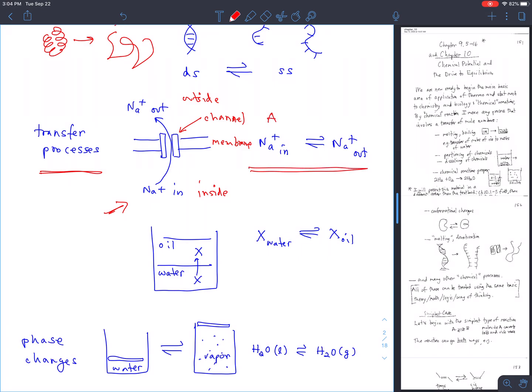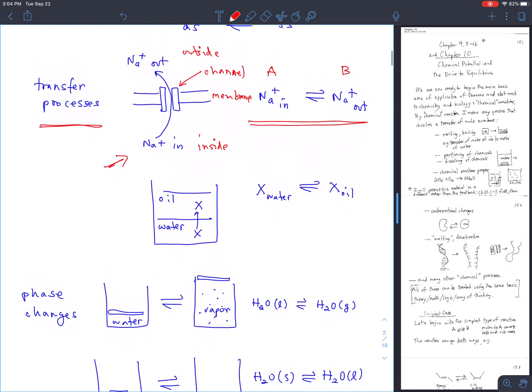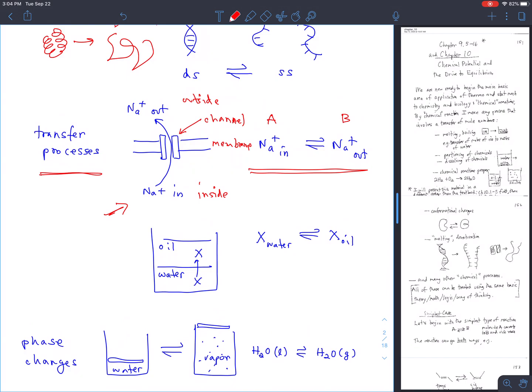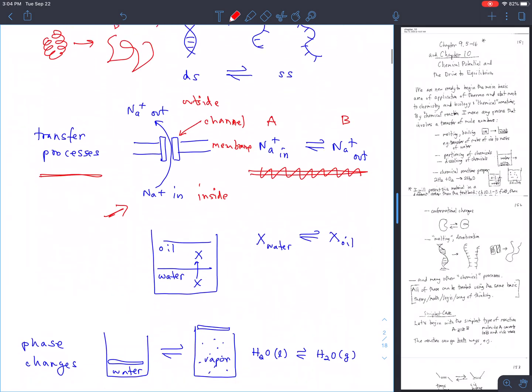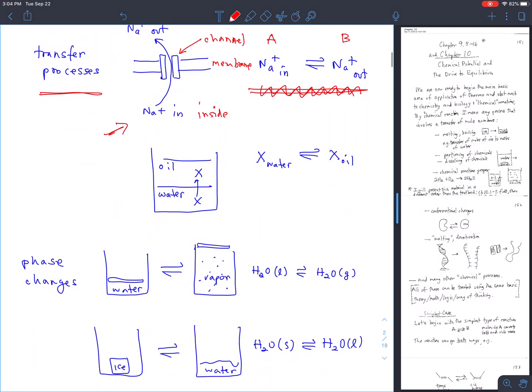The sodium atom, while it's on the inside, would be counted as A, and when it's on the outside, it's counted as B, even though there's obviously no change in the chemical nature of the sodium atom in doing that. Thermodynamically, the fact that there's no change in the chemistry doesn't matter. All the concepts and mathematics and relationships that apply for these proper chemical reactions up here will also apply for this, what you might call an improper chemical reaction, I guess, down here.